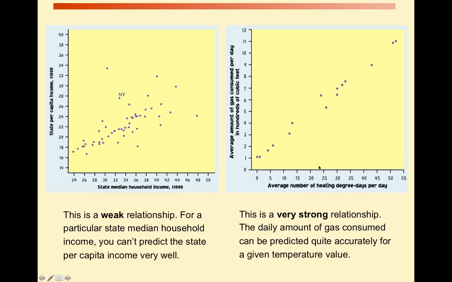A strong relationship, say between the heating degree and the gas consumed per day, means that if I know what the heating degree is, I can predict quite well what the average amount of gas consumed is, because it doesn't vary very much.